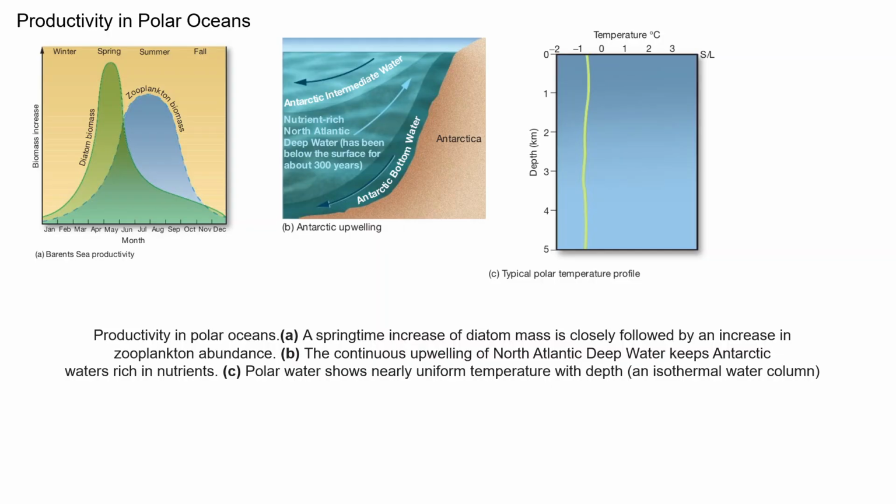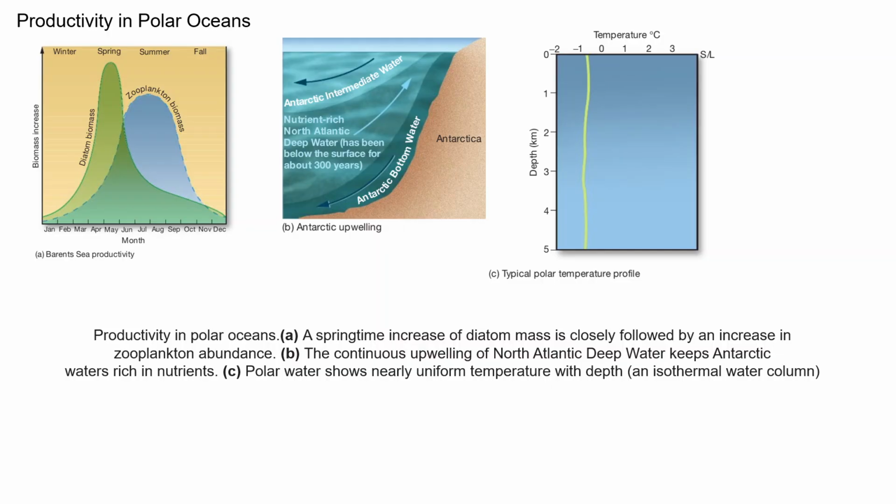But from March onwards, when the sunlight starts to fall on the ocean water, this is the springtime. During the springtime, there is a bloom of diatoms, very high productivity, because nutrients are already there and suddenly more sunlight has been made available.